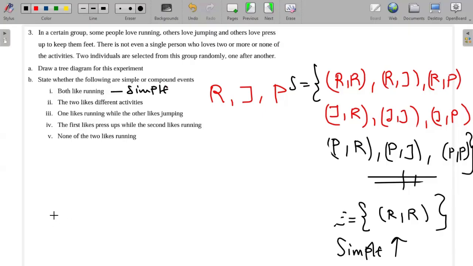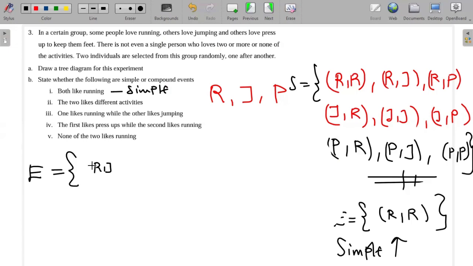And then part two, they've said the two individuals that you've selected, they like different activities. Okay, so I'm just going to say this event, the event where they like different activities. We are going to get everything here that has different letters.